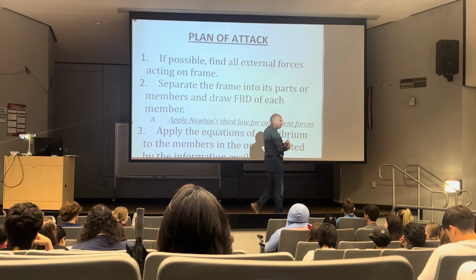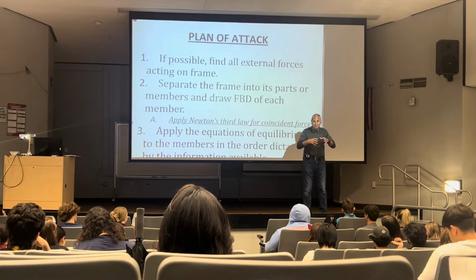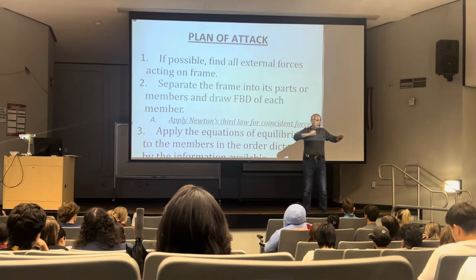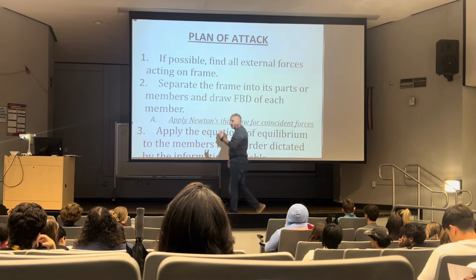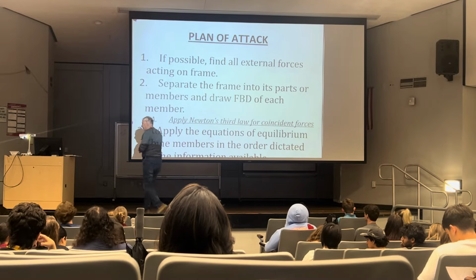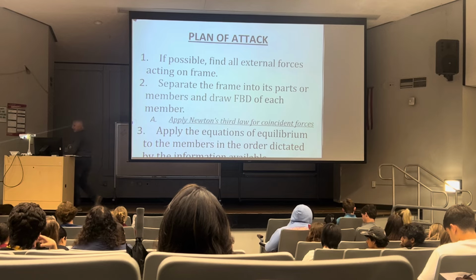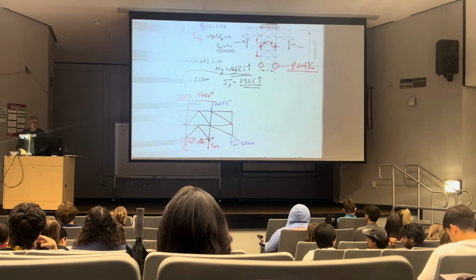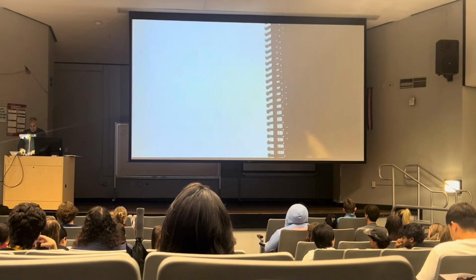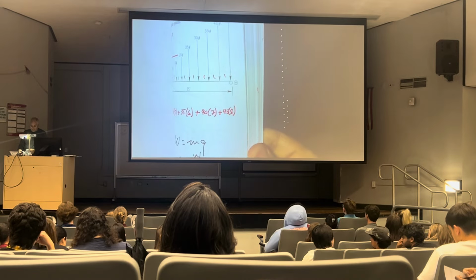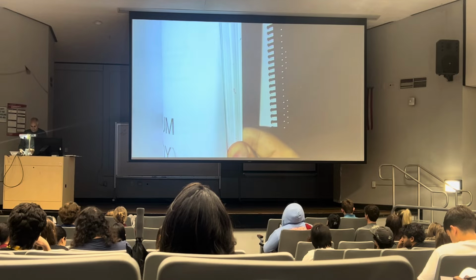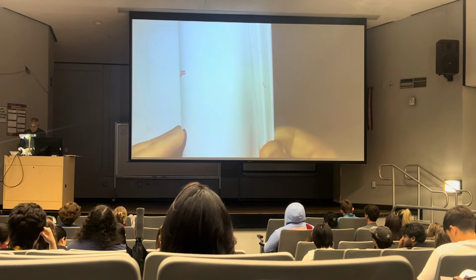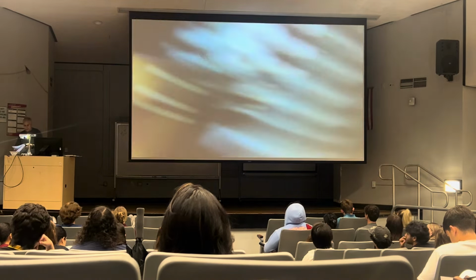Hey, take this frame and start dismembering it into pieces, just like I did for that one we just did. And you've been doing that since we drew free body diagrams. If you go back to free body diagrams, way back when, remember this?